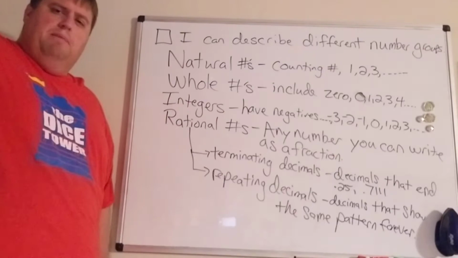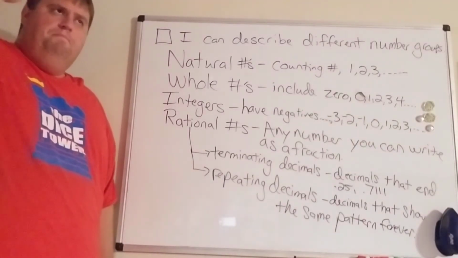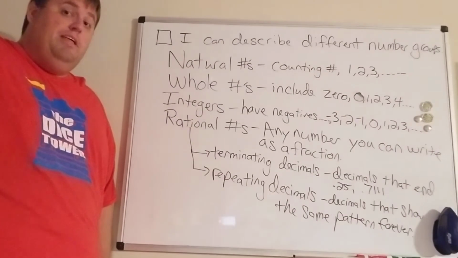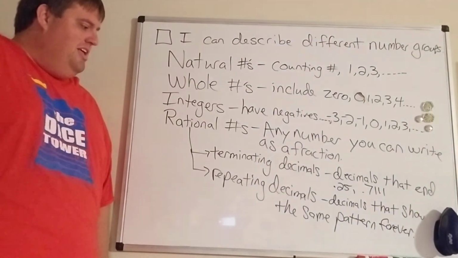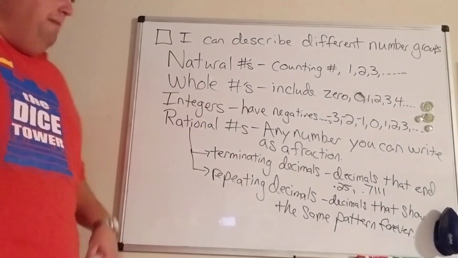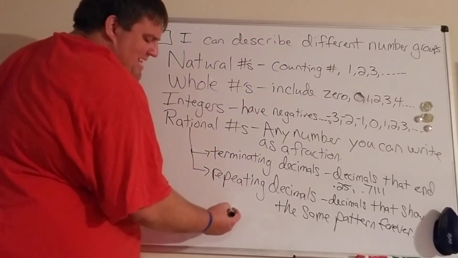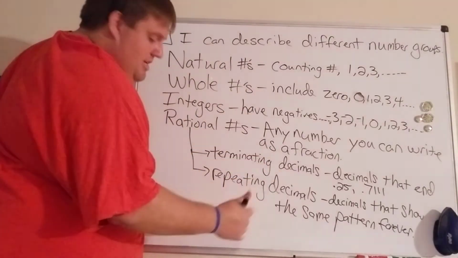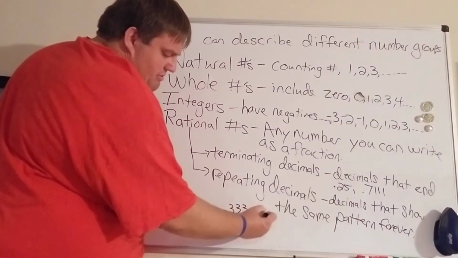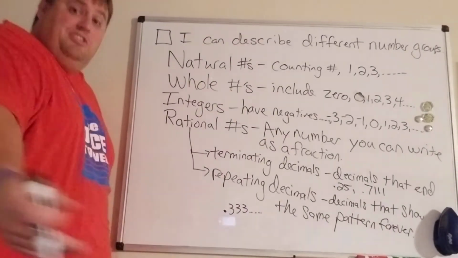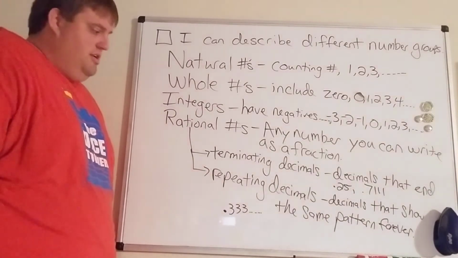And when I say show the same pattern, I'm going to show you an example of a tricky one where you're going to think, oh, that's a pattern, but it's not rational. I'm talking about numbers that just repeat the same sequence, like 0.33333333333 forever. That's rational. You can write that as a fraction.